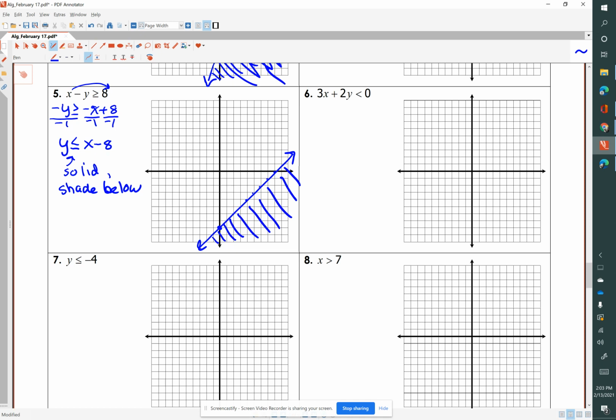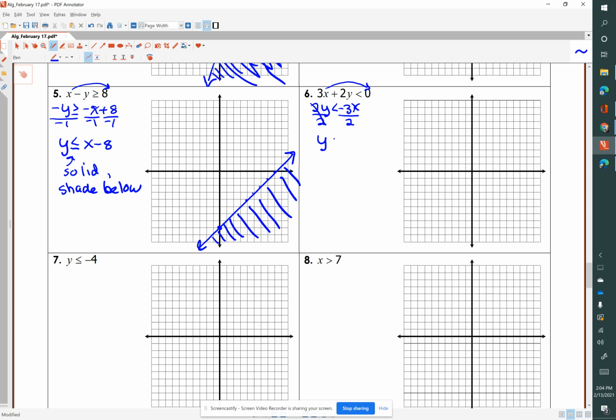Okay, number 6, we will move the 3x immediately to the other side, which will give us 2y is less than negative 3x, because we moved 3x to the other side of the inequality sign. We'll divide everything by 2, and we have y.